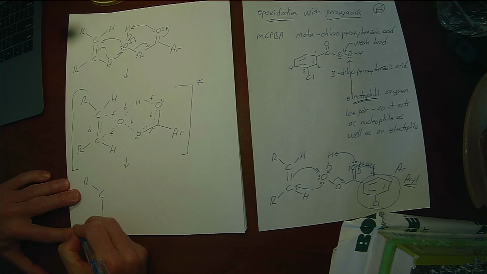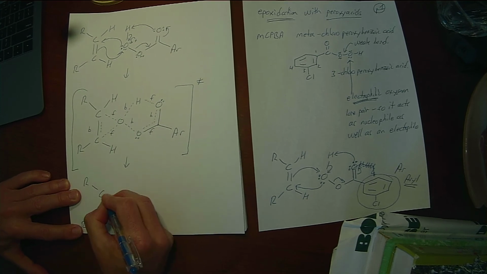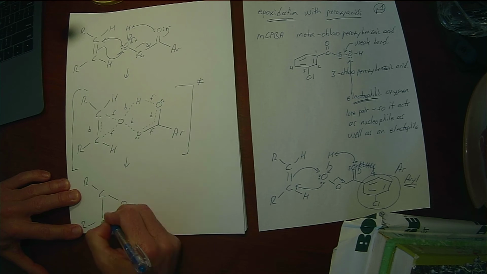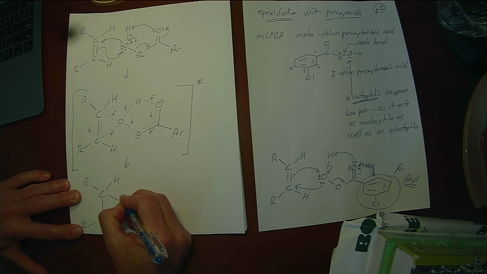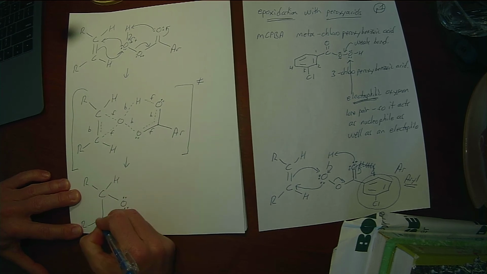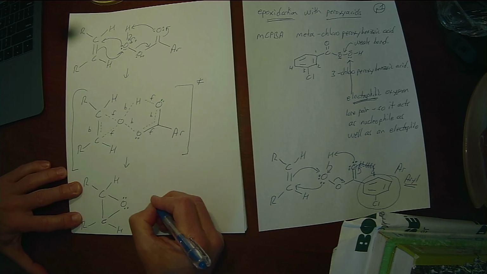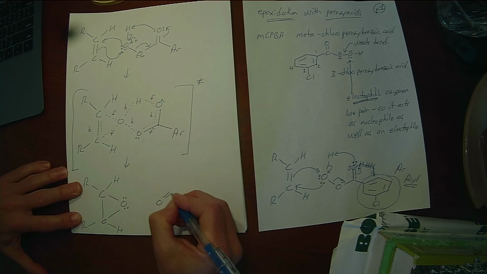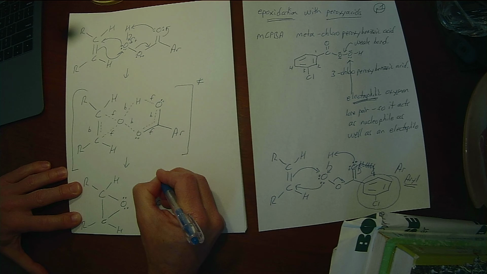And when we draw the result of all that, now we've got an epoxide, and the other product is an ordinary carboxylic acid.